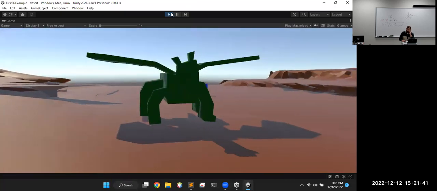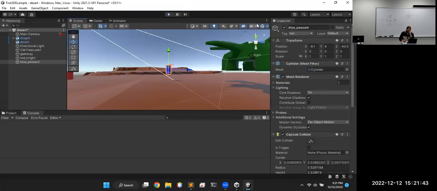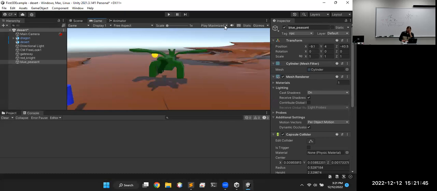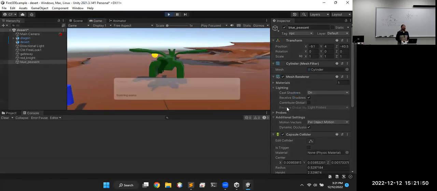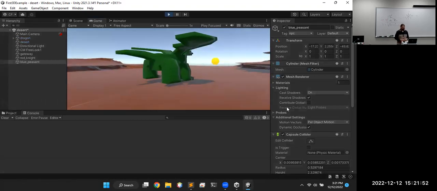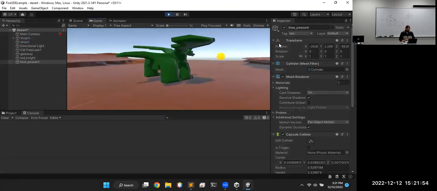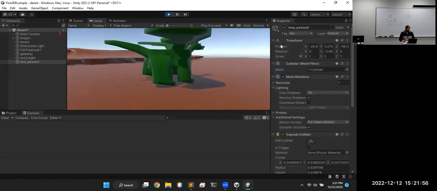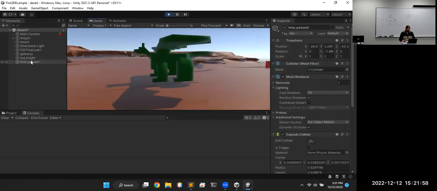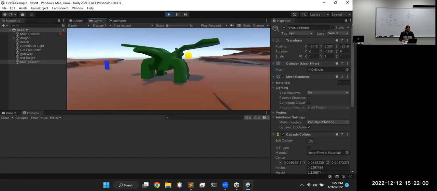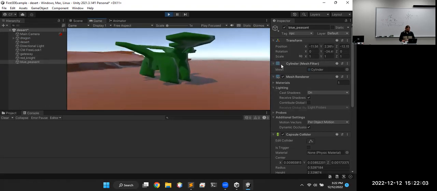Oh. Can't see the console if it's maximized. So over here, our blue guy is wandering off in random directions. I have no idea where it went. There he is.